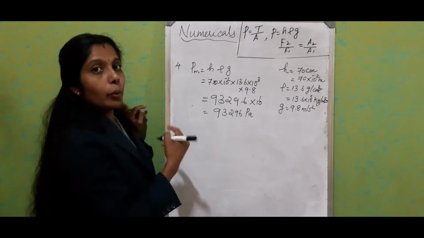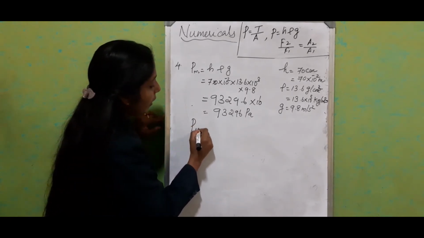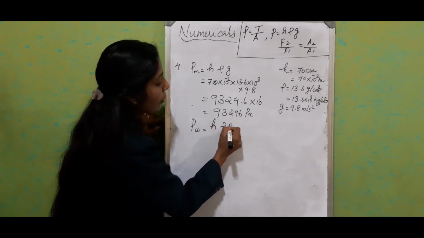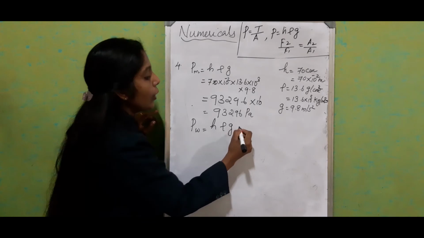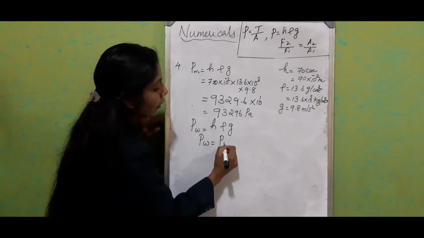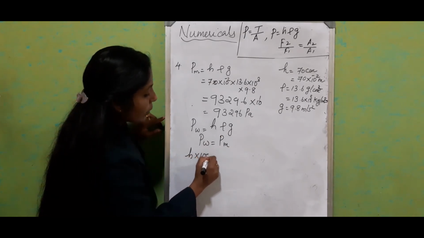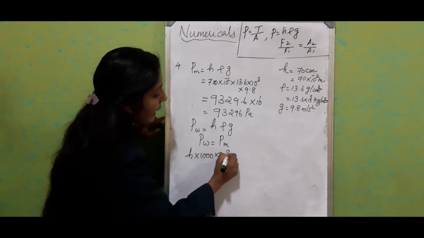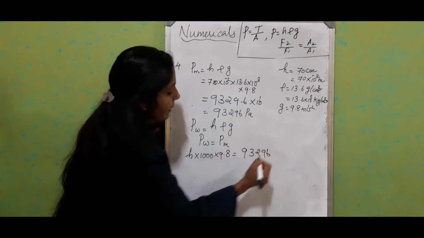Now we'll see what happens with the water. So pressure of water is equal to H rho G. So rho and G, we know the values. So we will equalize: pressure of water is equal to pressure of mercury. So here H into 1000 into 9.8 is equal to 93296.